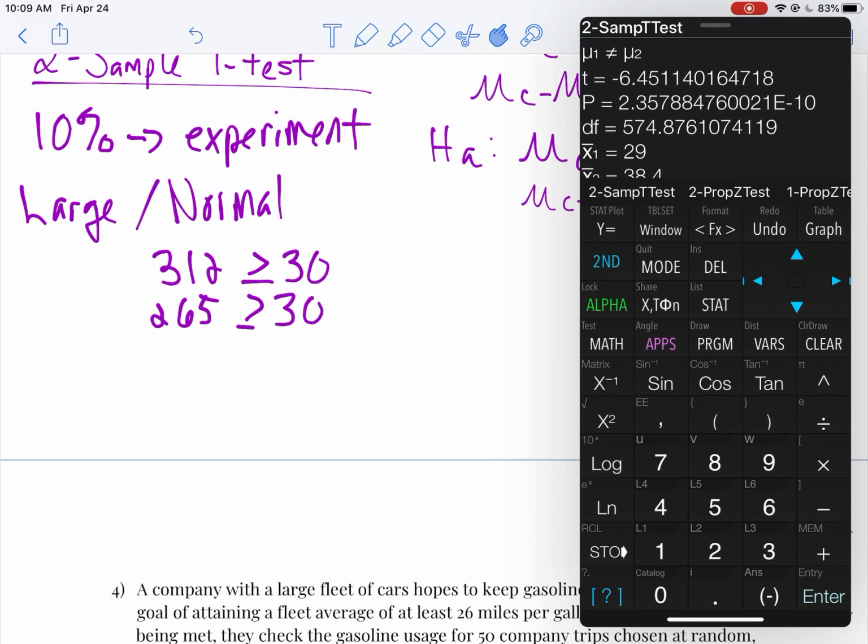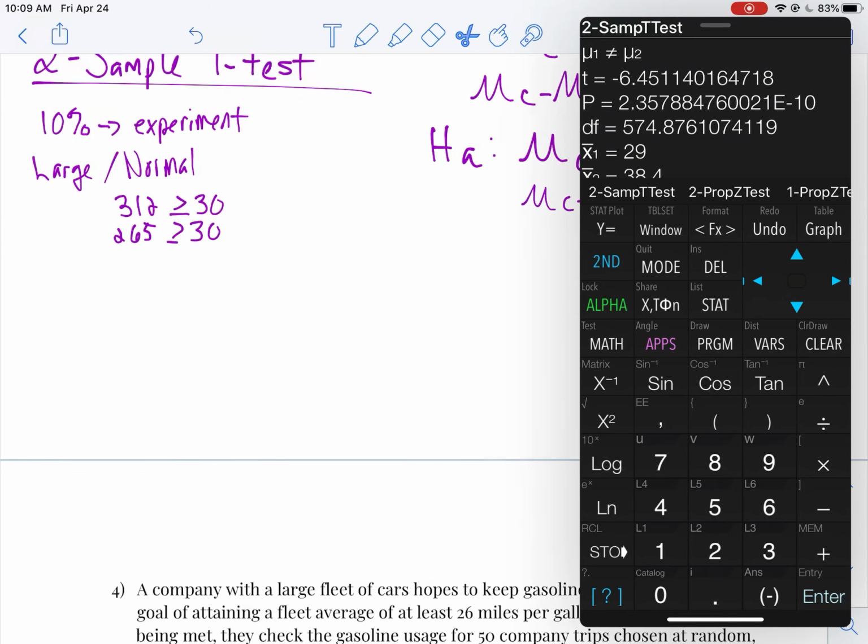So I'm going to write down my critical values, the things I need here. I'm going to write down my test statistic, which was negative 6.45 standard deviations. That's pretty high. P-value, for all intents and purposes, actually I'll write it in scientific notation, 2.36.